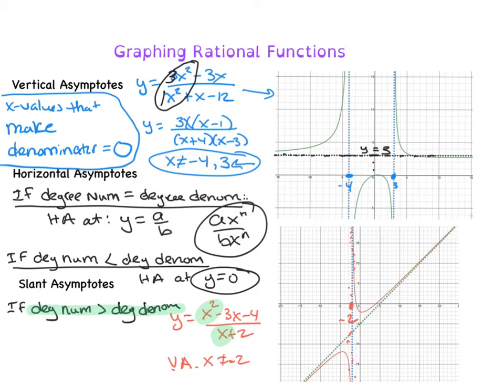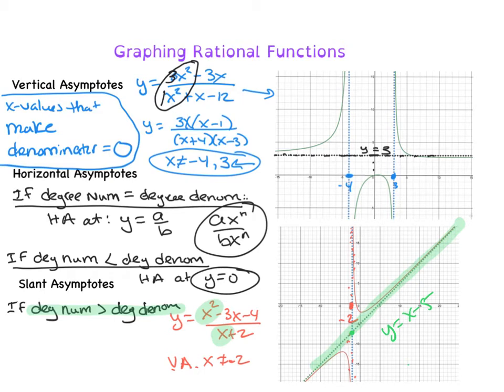Now, the equation of this green dotted slant asymptote right here is y equals x minus 5. So notice it has a y-intercept of -5 and a slope up 1 and over 1.